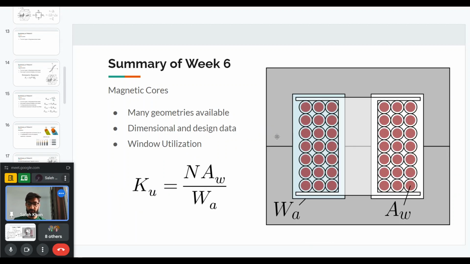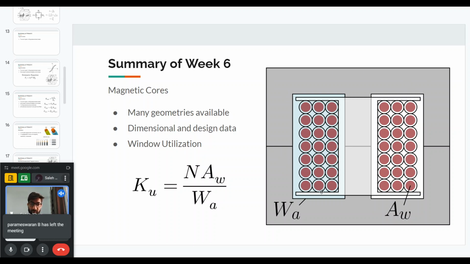Next, we have in magnetic cores what is called window utilization. So, for example, here I've shown an EE core, which means this core has two parts, and both of them look like the letter E, and they have to be connected together to make the full core.